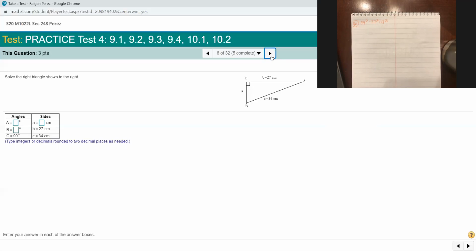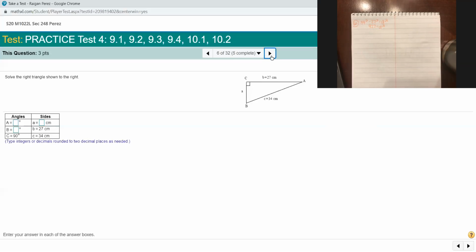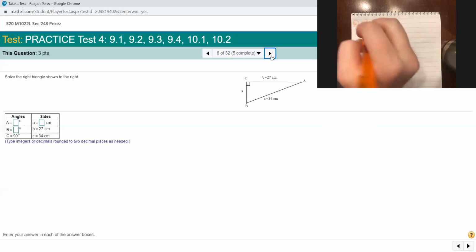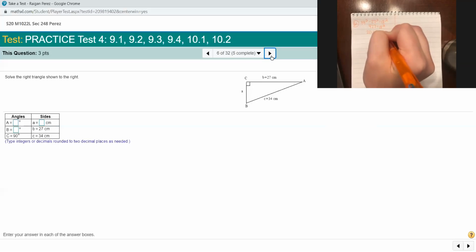So 34 squared minus 27 squared is 427. And then square root that. I don't think it's a perfect square. No, it says round to 2 decimal places. So this is 20.66 is A.